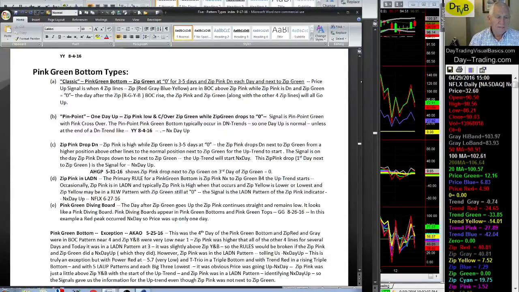I've got 5 listed, but there are a few variations off of these basic 5 patterns. You've got the classic pink-green bottom, and remember the rule: zip pink needs to be next to zip green before the reversal takes place. This is very key in many situations.